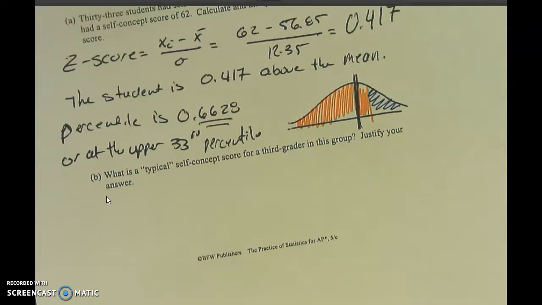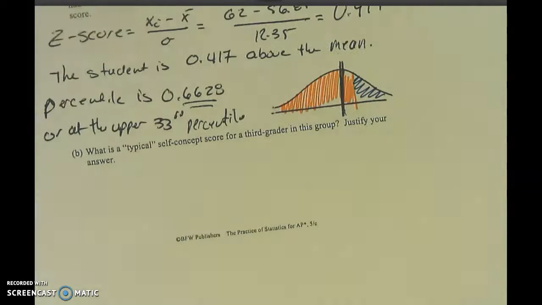It's only 15 minutes. B, what is a typical self-concept score for a third grader in this group? We talked about this yesterday with the scores. We're going to pause this for a second. So yesterday we talked about the guy's score, correct? Not his score, his salary. And we found out that he was like in the 48th percentile. What else did we say?